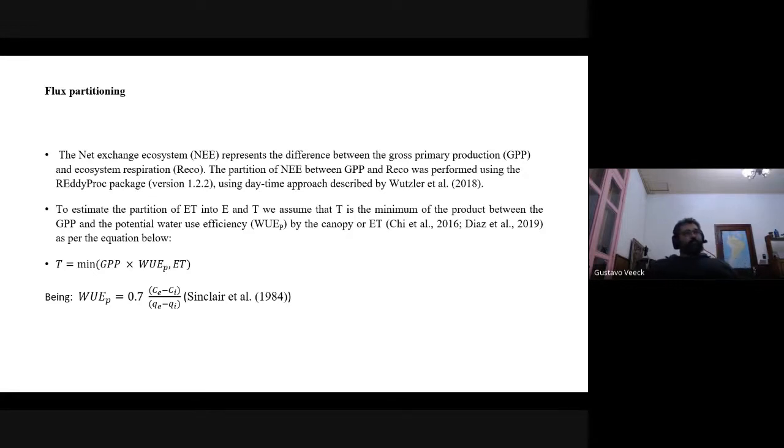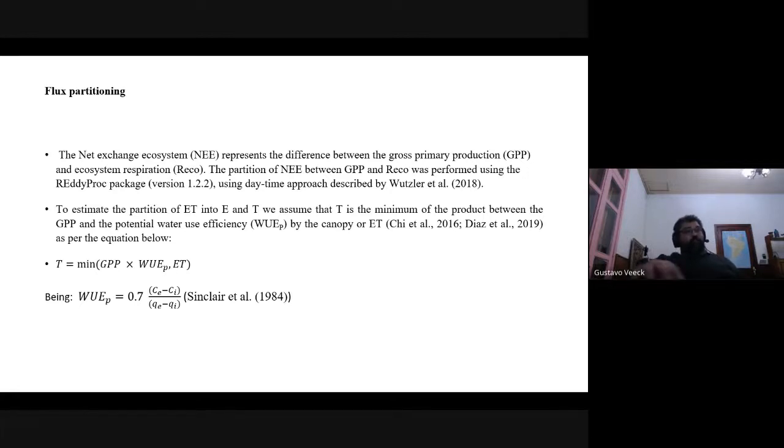To estimate the partition of ET into evaporation and transpiration, we use the minimum product between the GPP and the potential water use efficiency by the canopy.